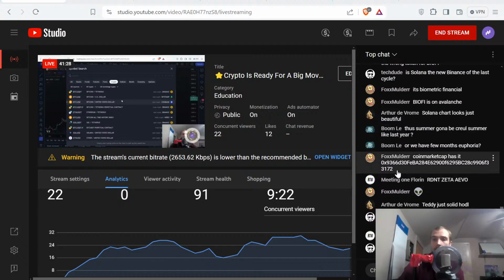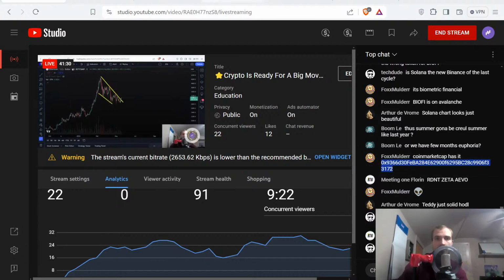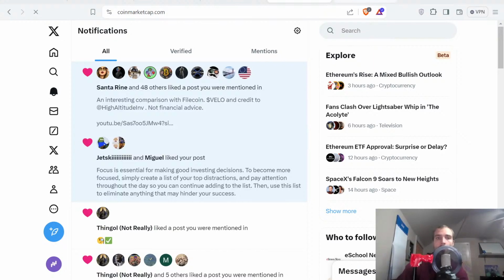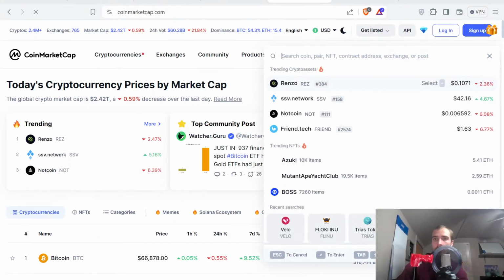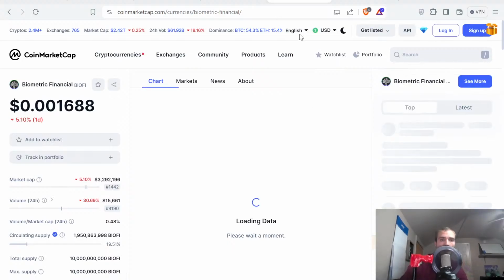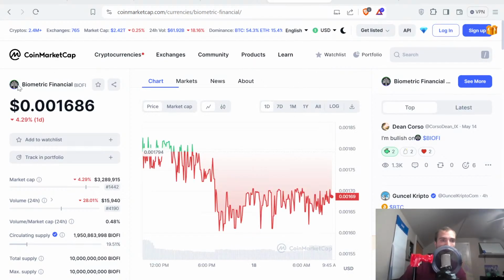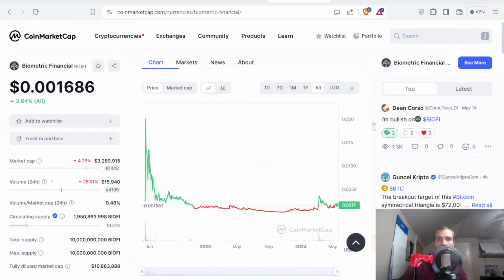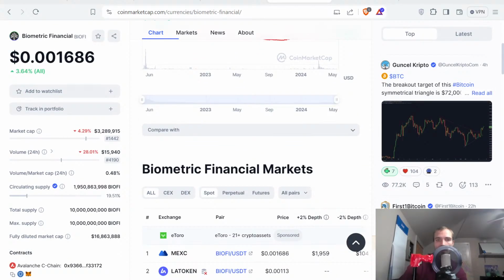And yeah. All right, I think Fox Mulder can help us find the coin he wants me to look at. So, Biometric Financial. Okay, my friend, I think that we got the right one here. Now. Oh, okay. Yeah, okay, sweet.